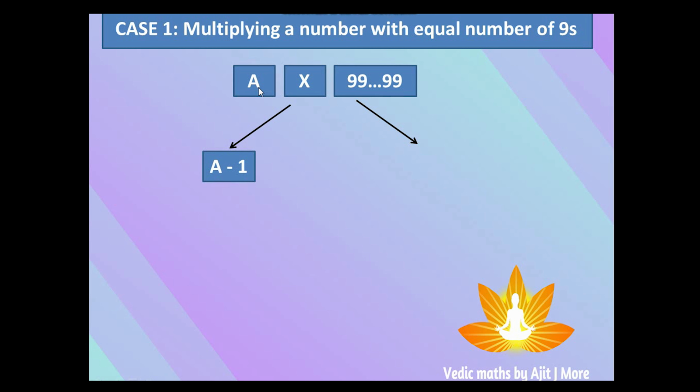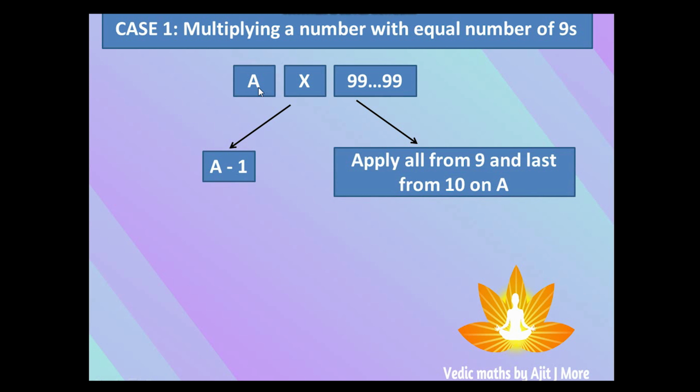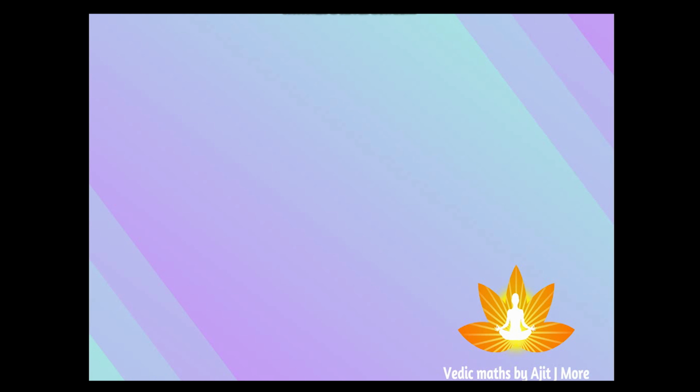And that is what the Nikhilam rule is, all from 9 and last from 10. So apply all from 9 and last from 10 on the A part, and combine these two parts, you'll get your final answer. Isn't it easy? Yes, it is. And that is the advantage of Vedic maths. It makes the calculation faster, and obviously it will make your work easier and faster.